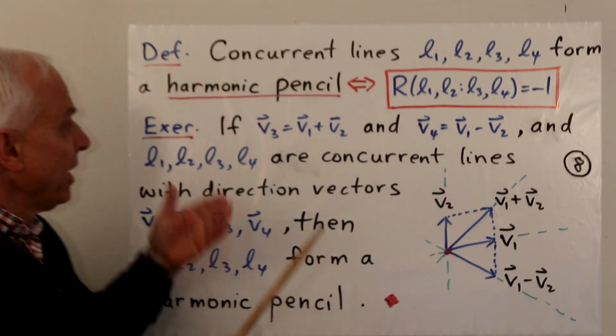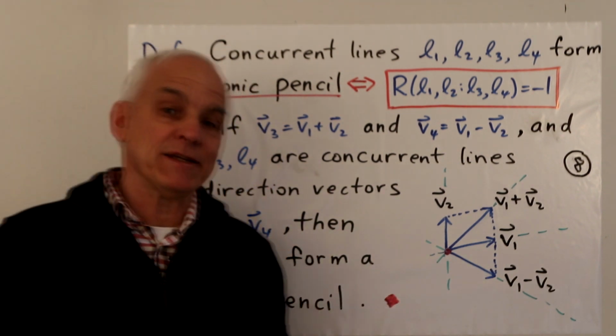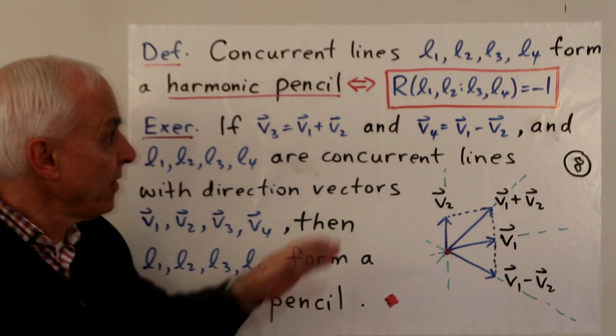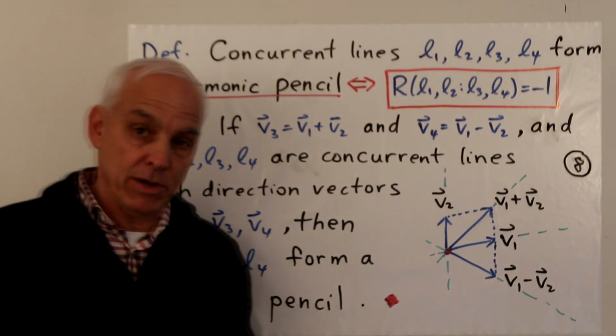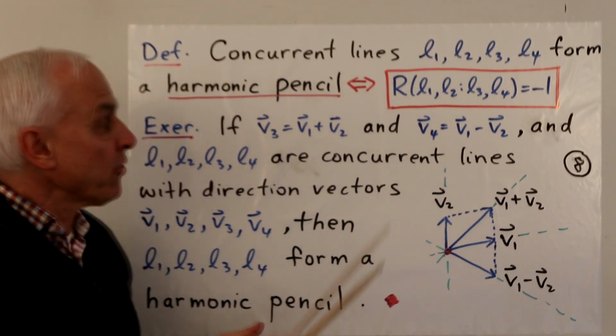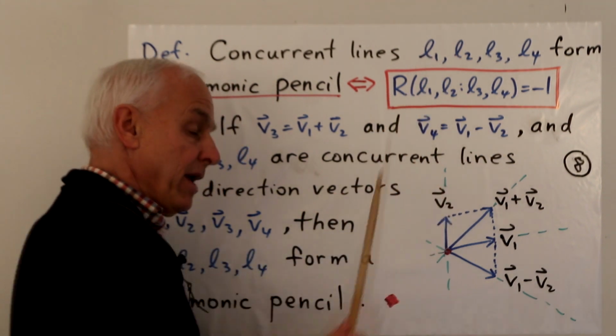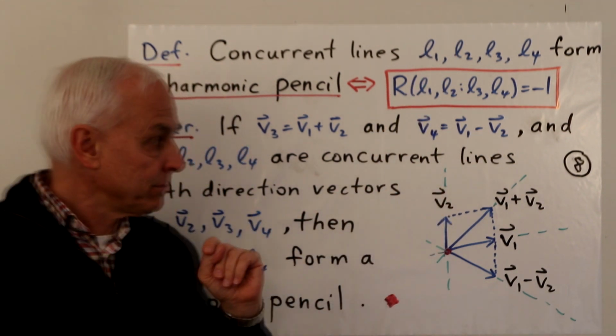So it makes sense to have a corresponding definition for concurrent lines. L1, L2, L3, L4 form a harmonic pencil, we will say, when their cross ratio is, again, -1.